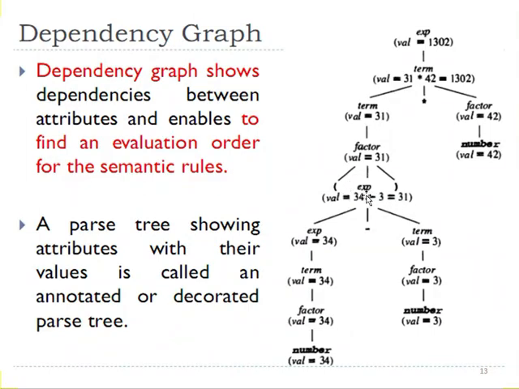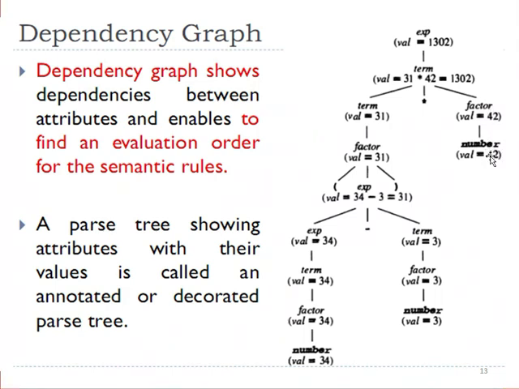So the attribute val of this expression will have 31. Then factor derives this expression, so simply we can assign 31 to the val attribute, then the term 31, and next the term number is assigned the lexical value 42.